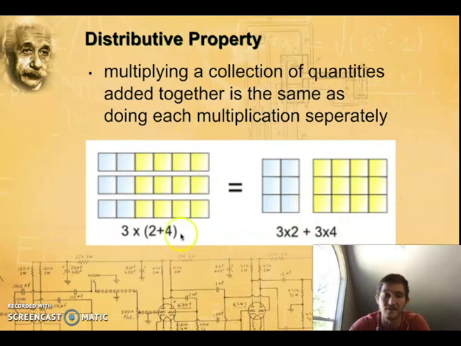So as we have down here below, we can either have 3 groups of 2 plus 4, and we can add those up before we multiply by 3, or we can separate it out. We can do 3 times groups of 2, which we have here, and add that to our 3 times groups of 4. Okay, so that is the distributive property.